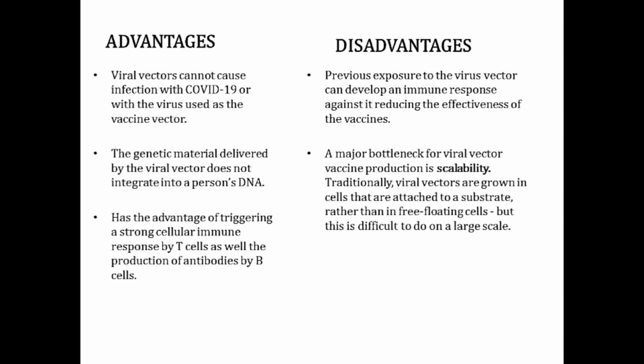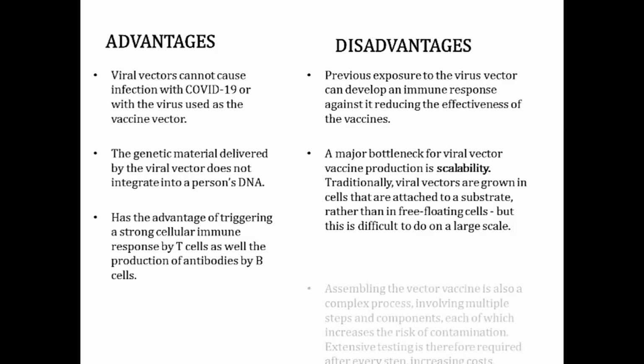A major bottleneck for viral vector vaccine production is scalability. Traditionally, viral vectors are grown in cells that are attached to a substrate rather than in free-floating cells. This is difficult to do on a large scale. That's why suspension cell lines are being developed to enable the viral vectors to be grown in large bioreactors.